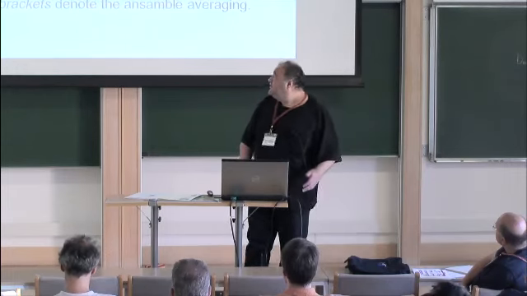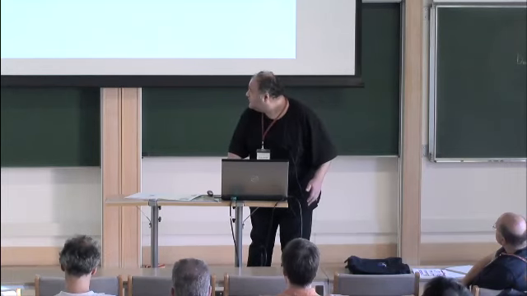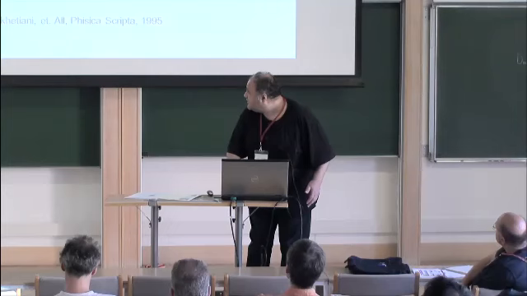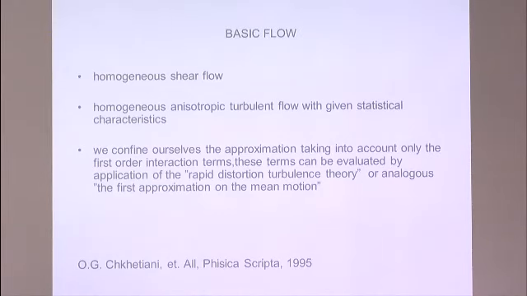And there was another suggestion, which came again from the group of Moiseev. It was published in Physica Scripta. This is a misprint; this should be Y. And there was suggested another flow which displays non-trivial Reynolds stresses. This was homogeneous shear flow and homogeneous turbulence.